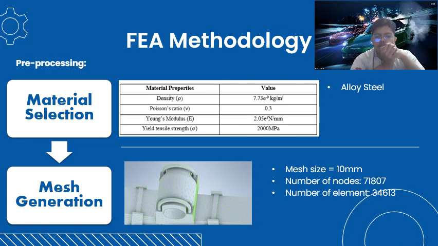Next, number of nodes 71,807. And lastly, number of elements 34,613. A mesh size of 10 millimeter provided a good balance between computational efficiency and result accuracy, especially in regions of high stress concentration near the center of the leaf spring.